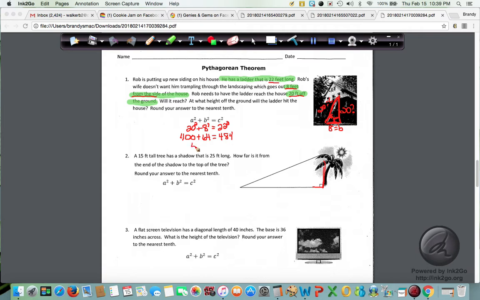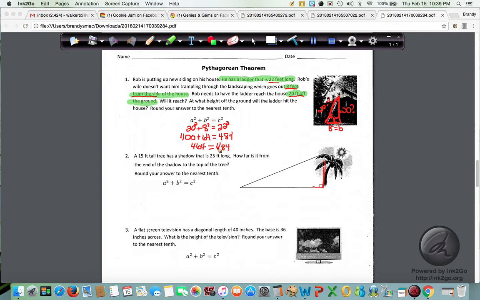So let's see. They don't equal, so this would not be a right triangle, would it? But if we think about it, his ladder is 22 feet long.